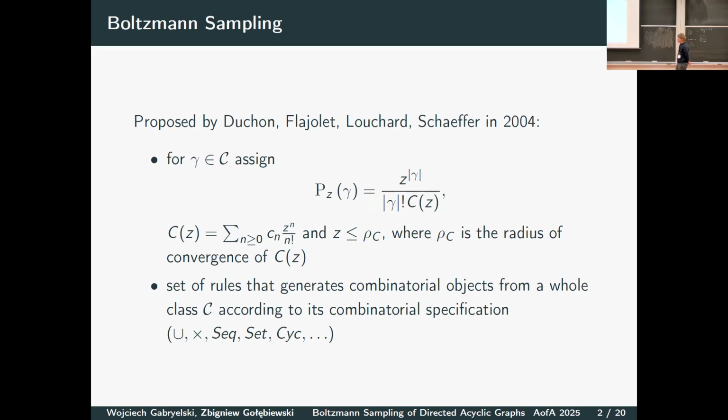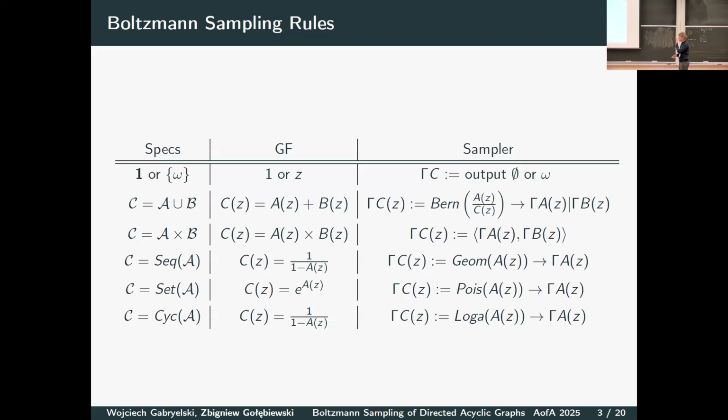And this, backed up by the symbolic method and the combinatorial specification and all those operations like disjoint union, set, sequence, cycle, and so on and so forth, allows us to produce combinatorial structures in a uniform way.